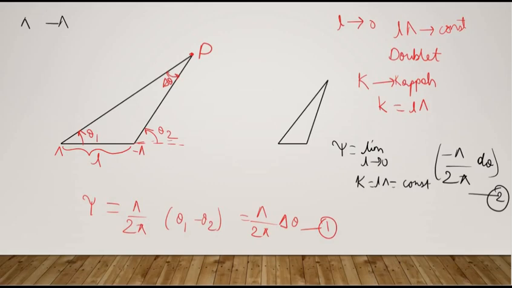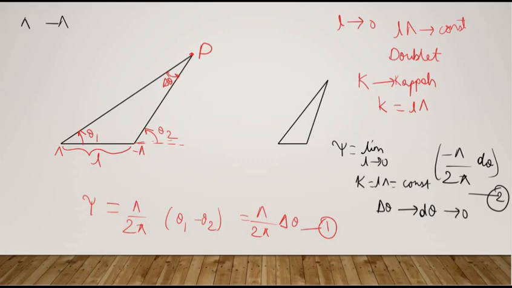Let us say this is our equation 2. This happens in the limit where delta theta tends to d theta, which tends to 0. One point to be noted here is that the source strength lambda approaches an infinite value in the limit. When we are applying this limit, the source strength approaches an infinite value.